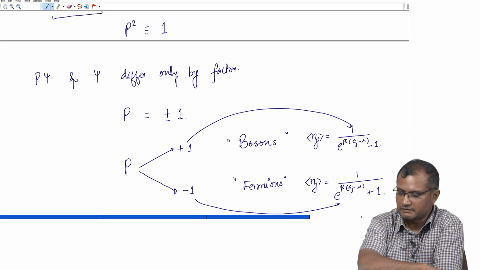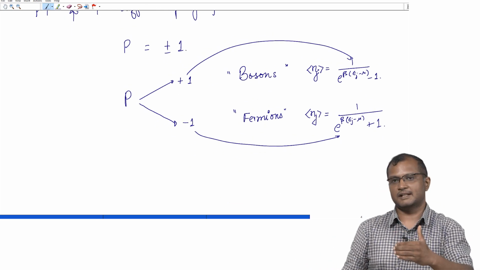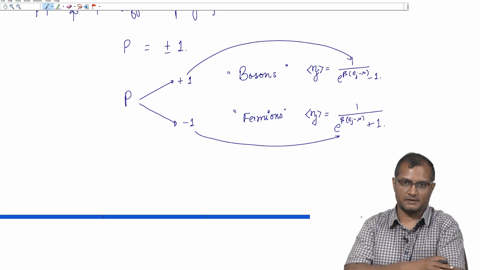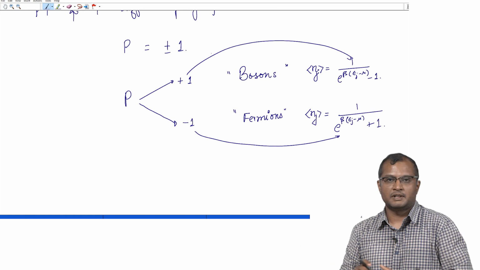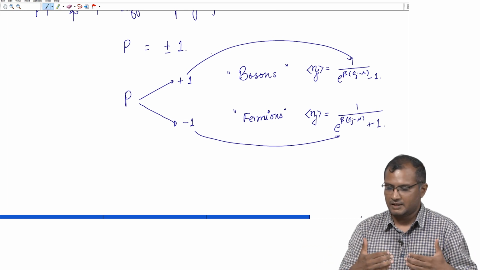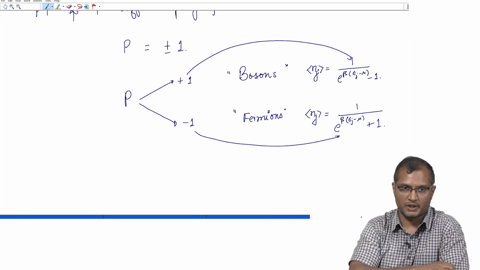Okay. You can call them whatever you want, but historically we call the first class bosons and the second class fermions. So, it is important that this map is between the values of the parity operator and the correct statistics. Okay.